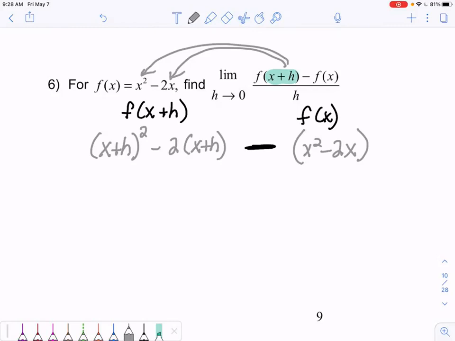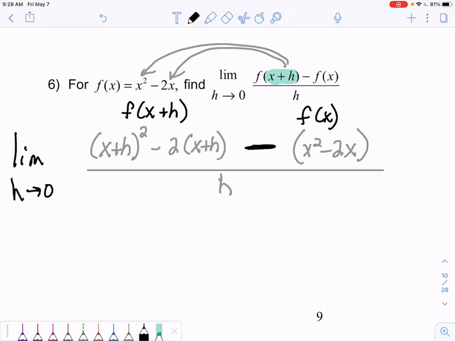I'm subtracting f of x, the equation represented by f of x. And then in the denominator is h by itself. In front, the end goal is to find the limit as h approaches 0. That's the new extra part that we didn't do in the first chapter of the year.